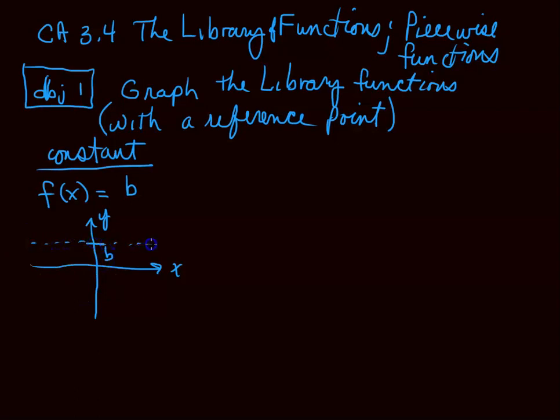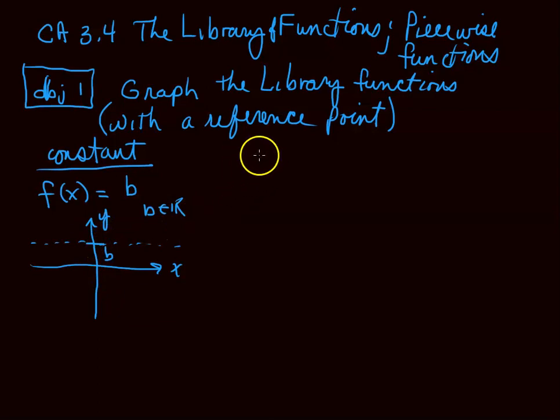So the graph is just a horizontal line through the y-intercept, in this case b. Could be any number you'd like. B is an element of the reals. What is the reference point? Well, I guess that intercept would be the reference point depending upon where it is.